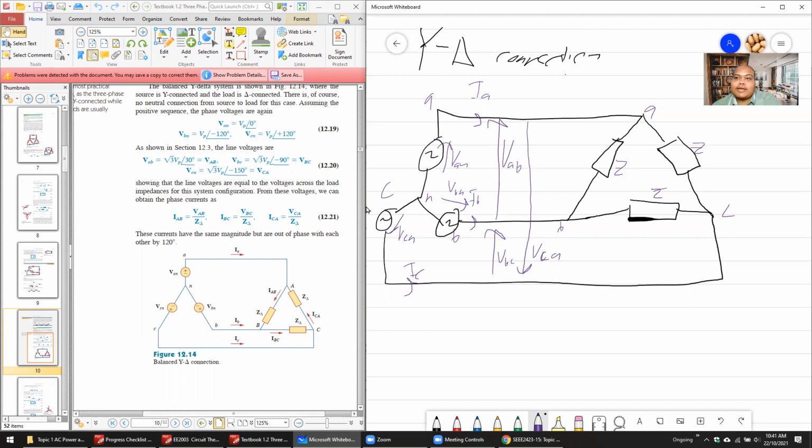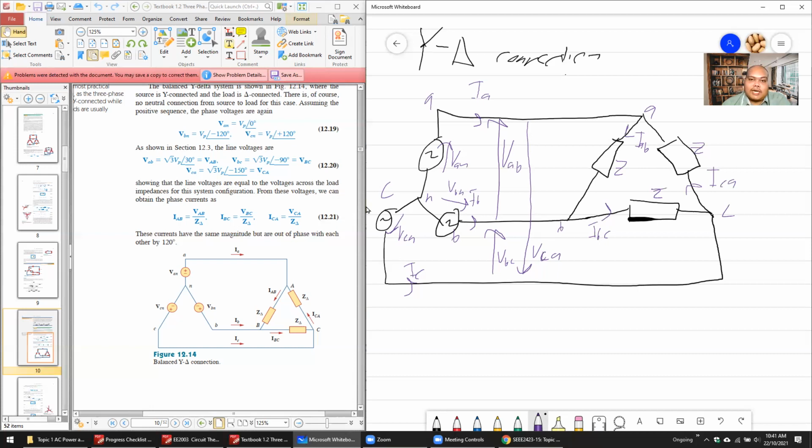You have line current and phase current. You have line current here. This one is IAB because it goes from A to B, and then IBC, and then ICA. Try to know how to label it properly.